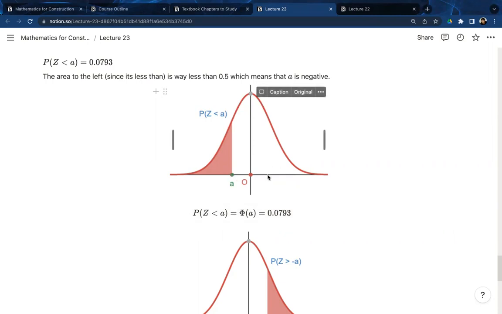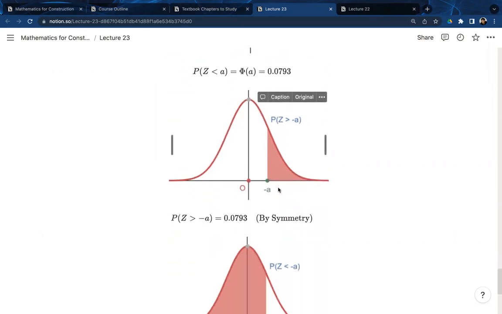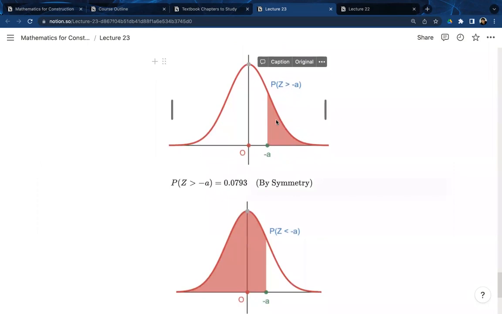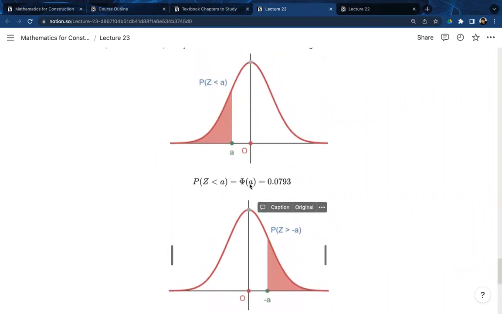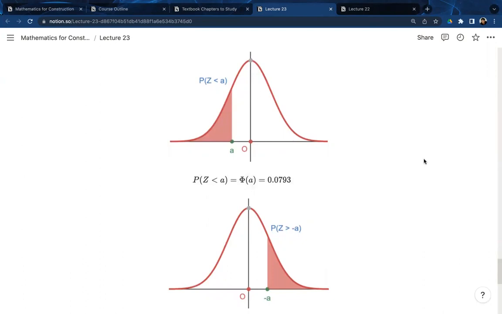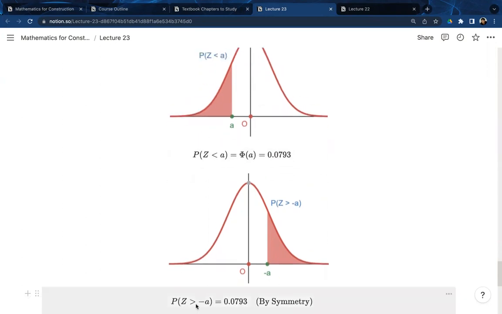Now, using symmetry, if we reflect this A in the y-axis, we get this diagram here, minus A, and the probability that Z is more than minus A is the same thing, 0.0793. Look at these two diagrams, the reflections of each other. The probabilities are the same, but this one is A and this is minus A. So the probability that Z is more than minus A is the small value.